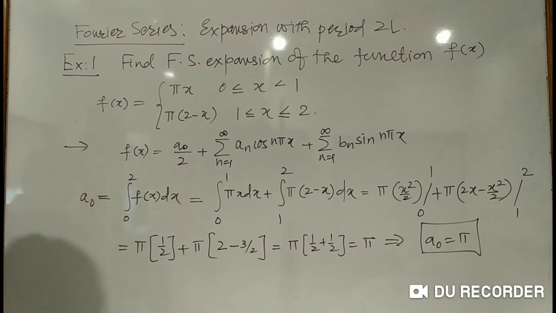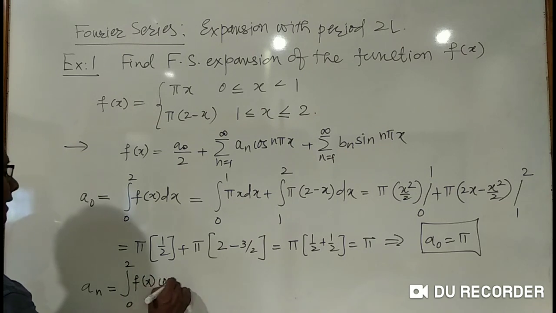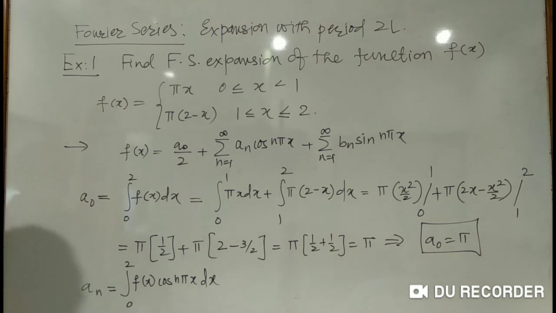Now we will calculate an. An again is 1 upon L, that is 1, integral 0 to 2 f of x cos of n pi x upon L, L is 1 again, so it is cos n pi x dx.